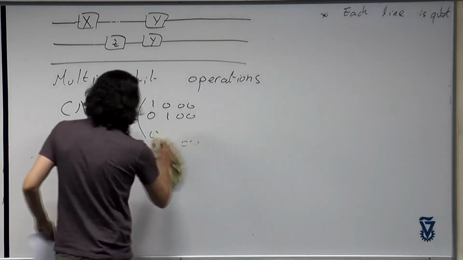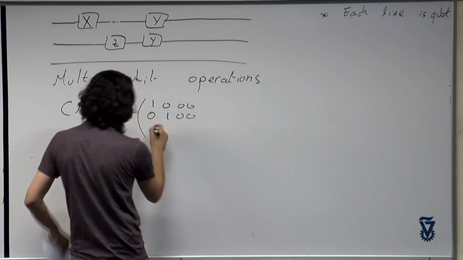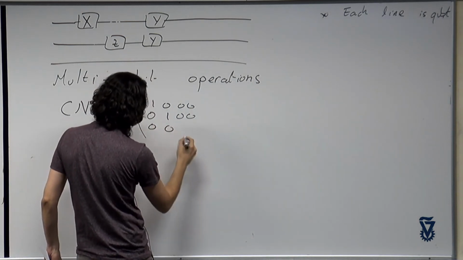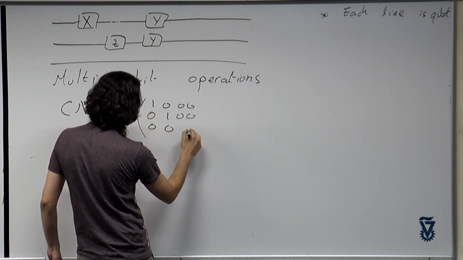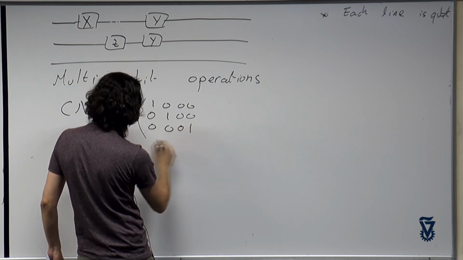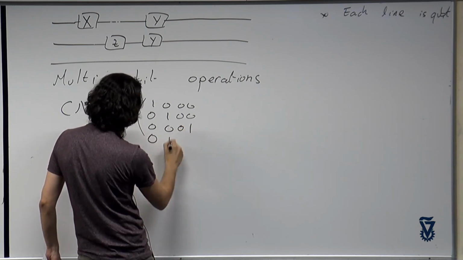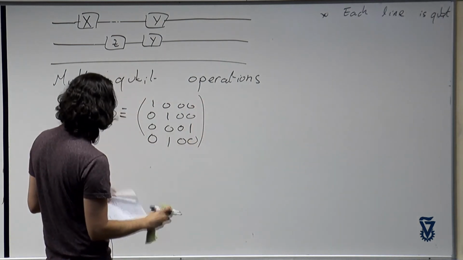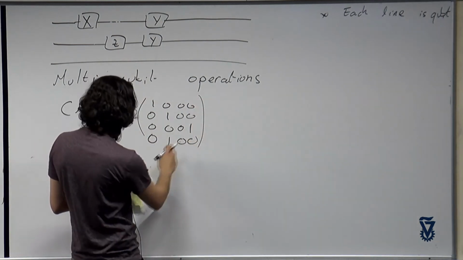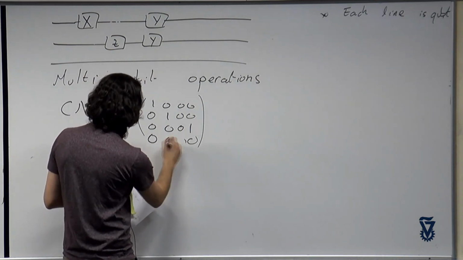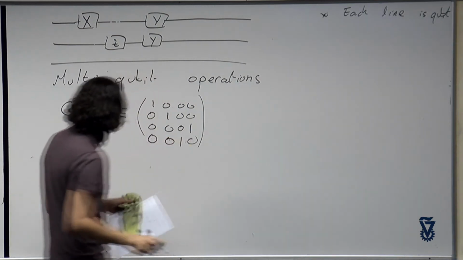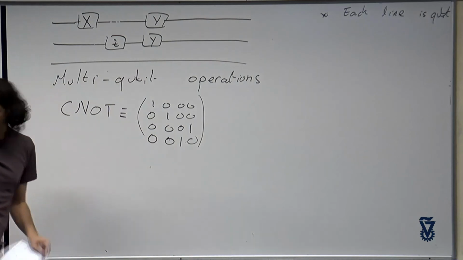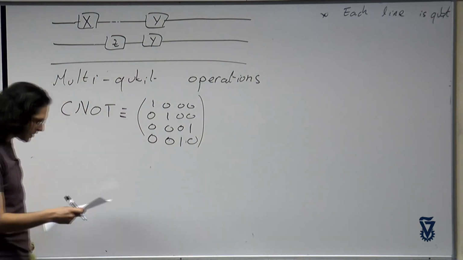Write it properly. Oh, 0, 1, and there. Is that better? No, this is wrong. The 1 should be moved in the last row. Yeah, in the last row. Move that one. Yeah. Okay, now there. Okay. So this is the CNOT gate.